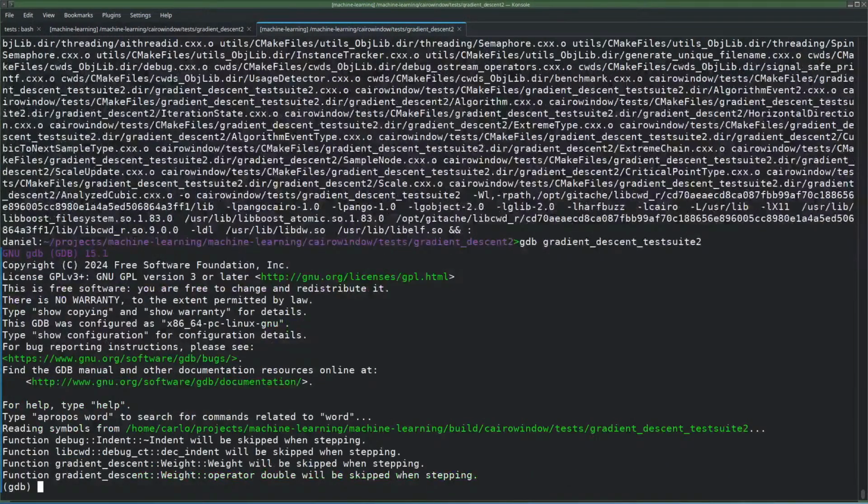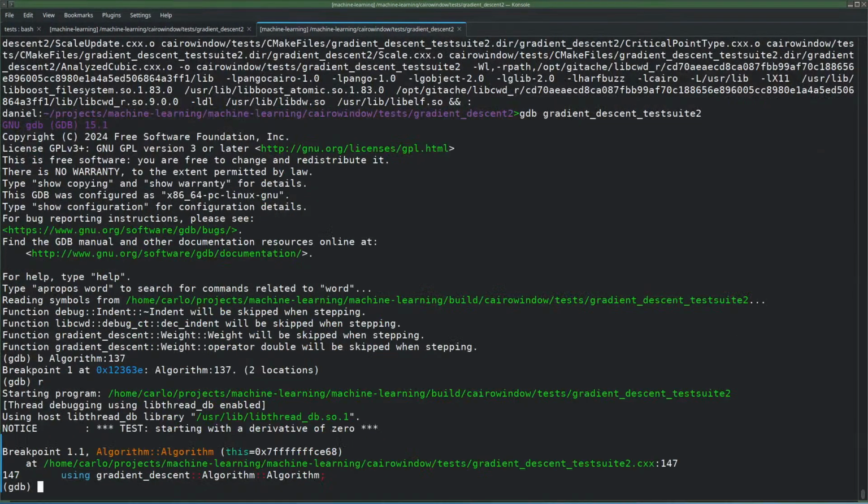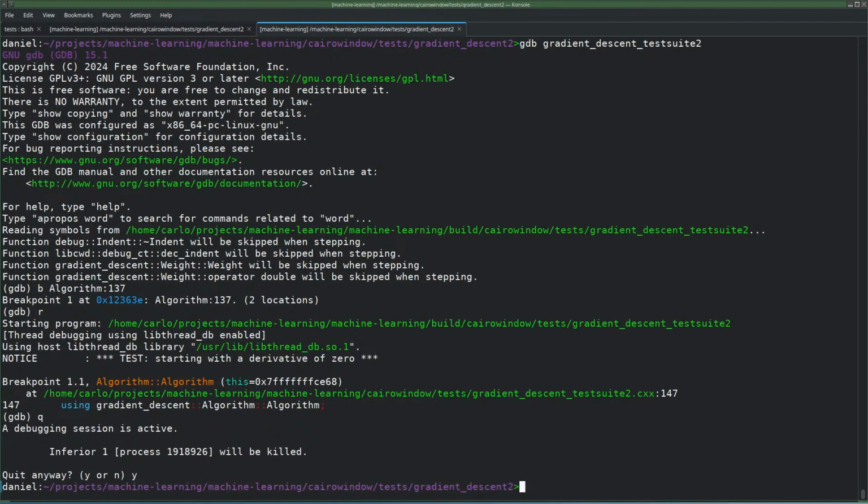Yeah, let's just do it again, and I think that was... Oh, 137. No, it wasn't, because otherwise it would not have stopped here. It was 137, but I changed the code.